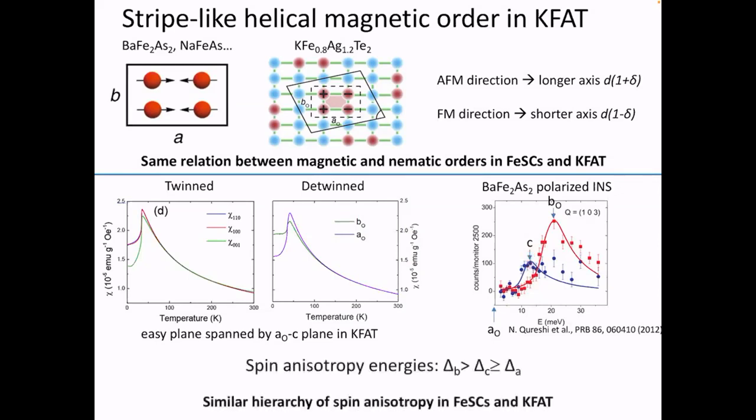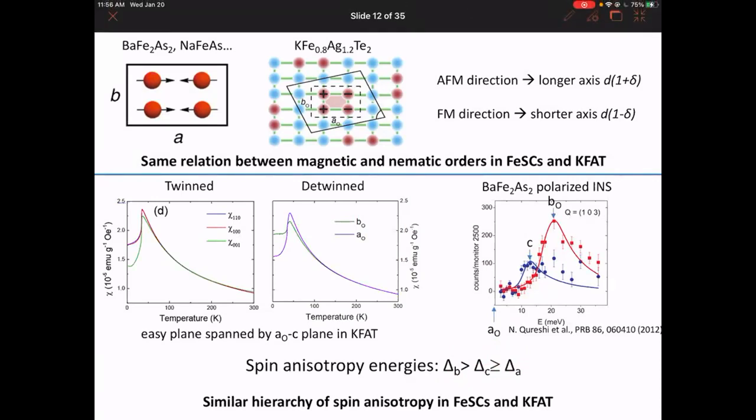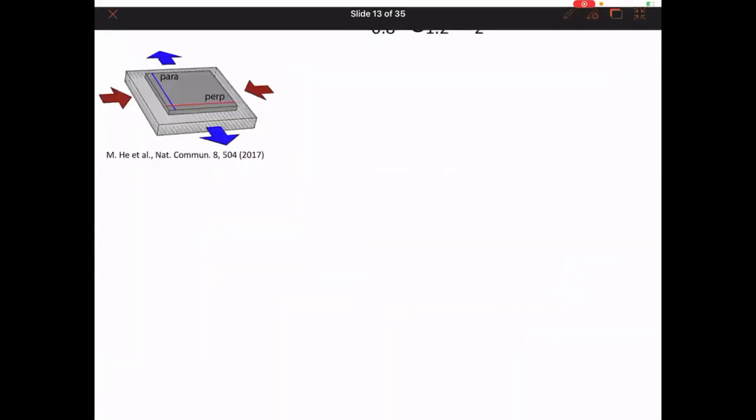So in both cases, if you assign an energy scale to the spin anisotropy, it costs the largest energy for the system for the spins to lie along the B-axis, and then smaller energies for them to lie along the C or along the A-axis. So they can be described by the same hierarchy of spin anisotropy in both cases, in the ion-based superconductors as well as this KF-AT compound.